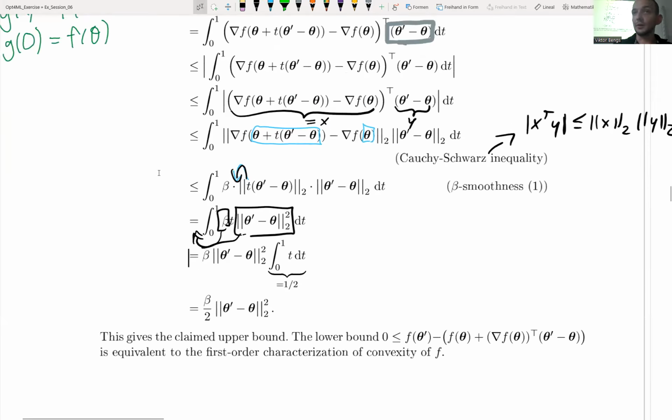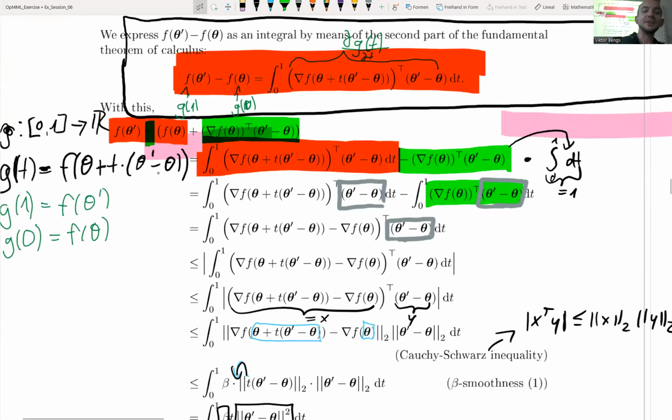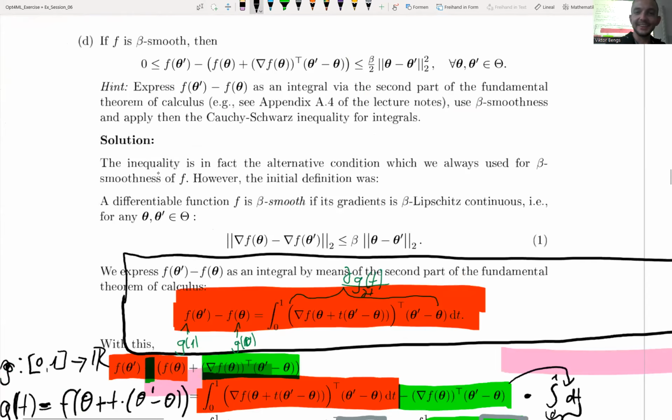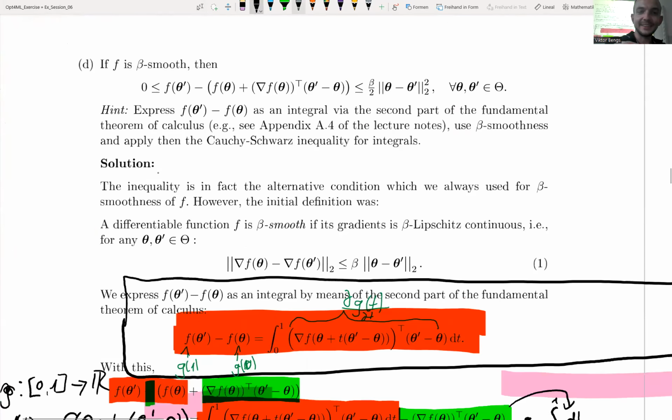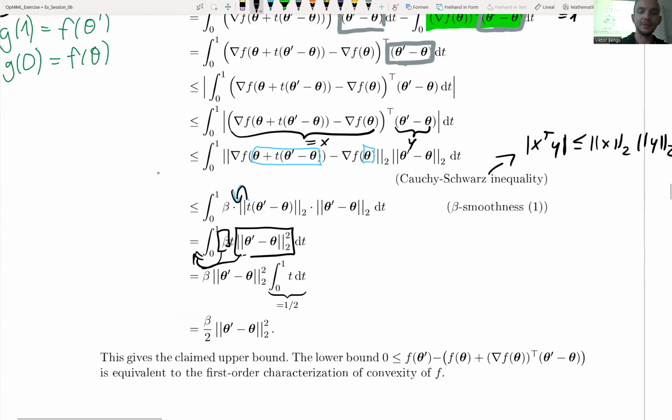So, long story short, we started with this here. We have proven that this is bounded by this term here.